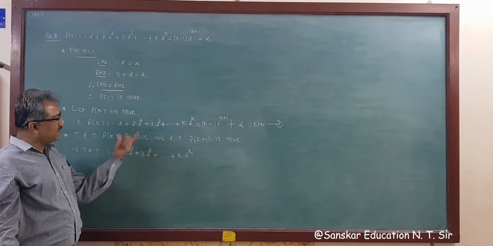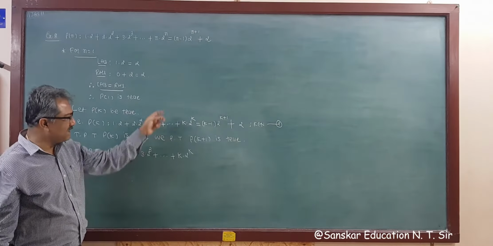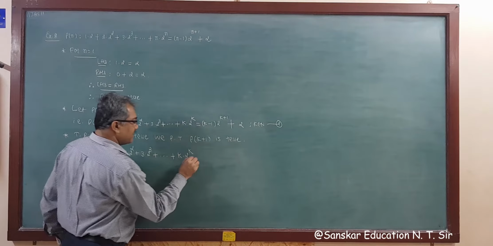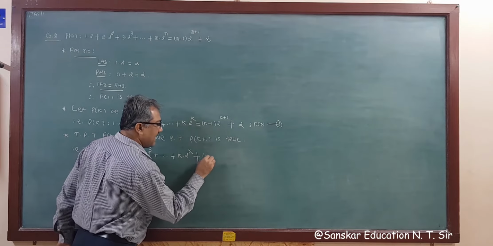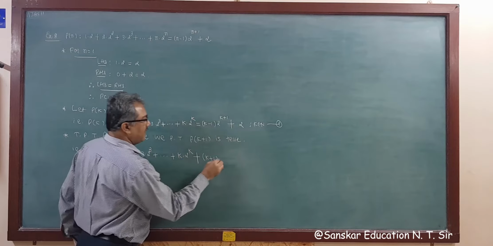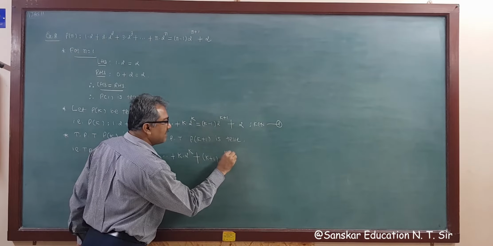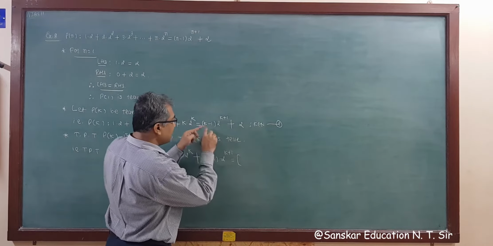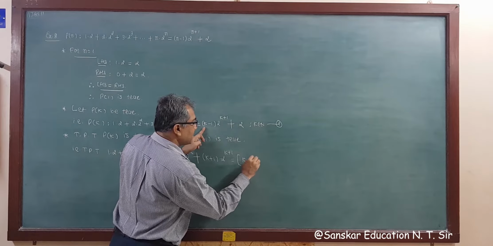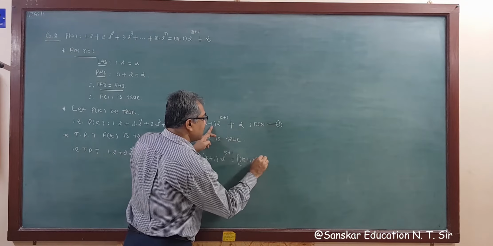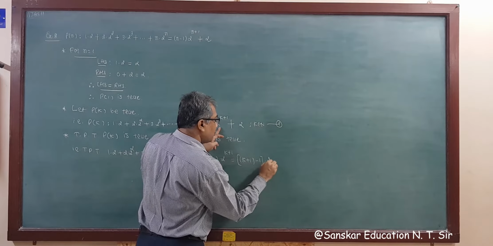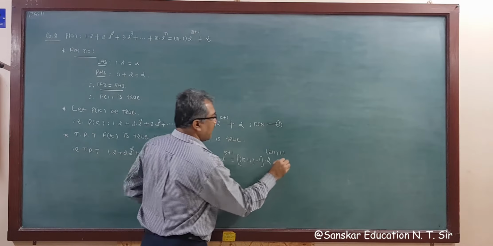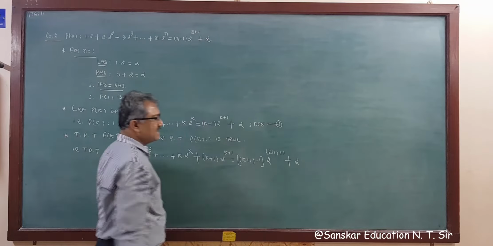So this is the left hand side of this Pk. Now replace k by k plus 1. So this is plus (k plus 1) into 2 raised to k plus 1. And right hand side is equal to replacing this k by k plus 1 and minus 1 as it is into 2 raised to k plus 1, and then plus 2. This we have to prove.